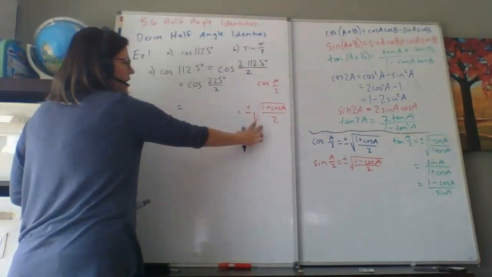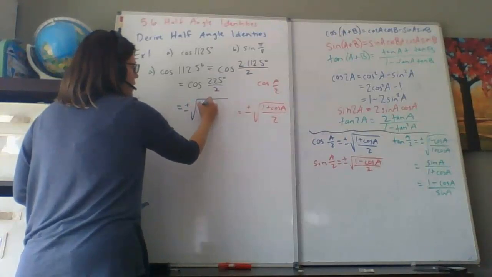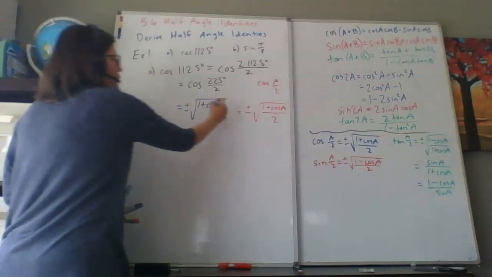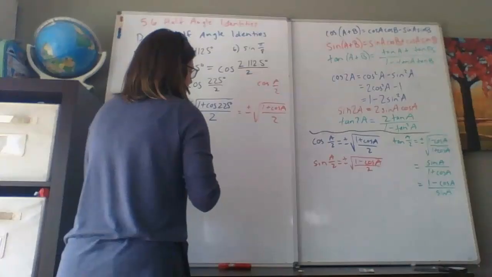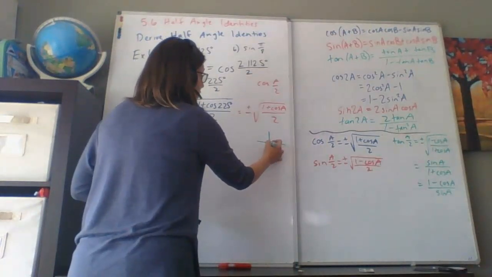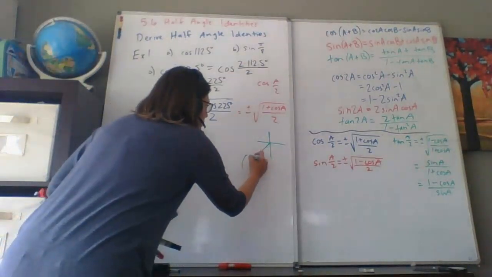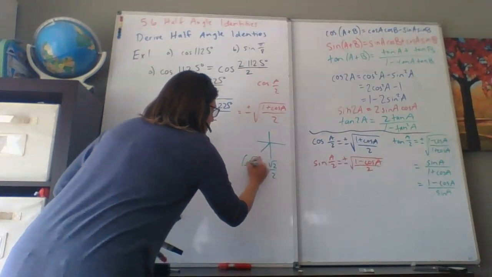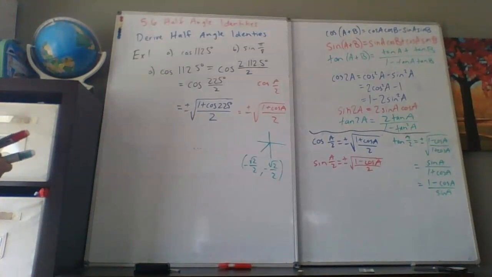So when we go to the next step, we're going to write it as plus or minus the square root of 1 plus cosine of A, with A being that 225 degrees, all over 2. 225 degrees is in quadrant 3 with a special angle of 45 degrees, so both are going to be rad 2 over 2, and both will be negative. So our cosine of 225 degrees is negative rad 2 over 2.